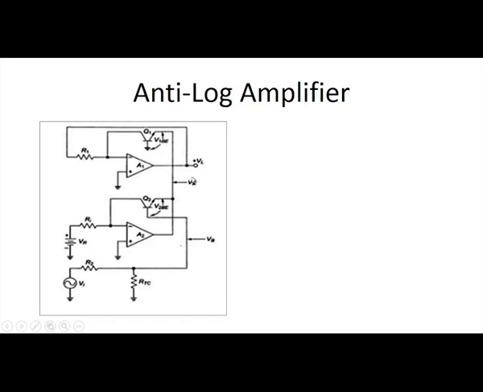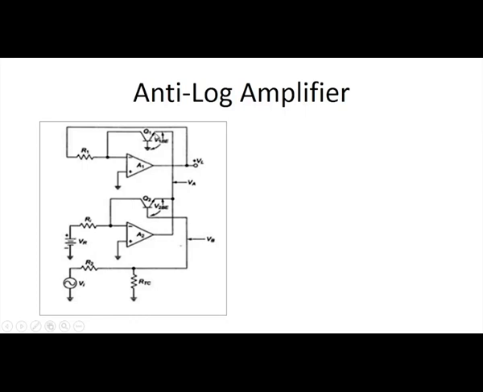So, there are two transistors used in the feedback paths of A1 and A2, and V reference and the input voltage Vi are given to the base of the logarithmic amplifier, and this is the circuit setup. From here we have to derive the output of the anti-log amplifier.